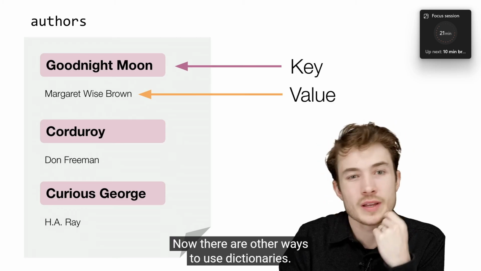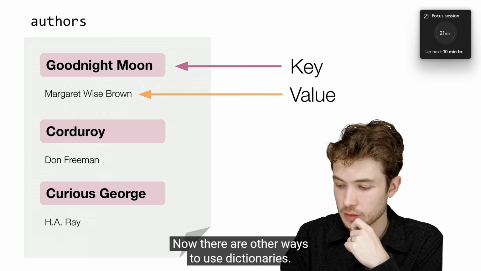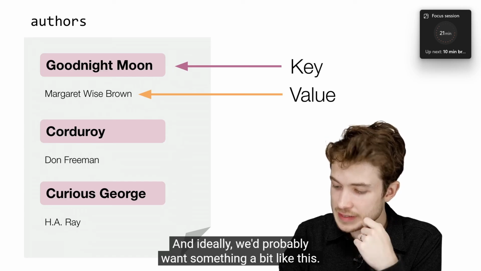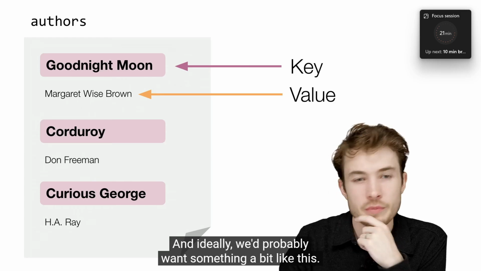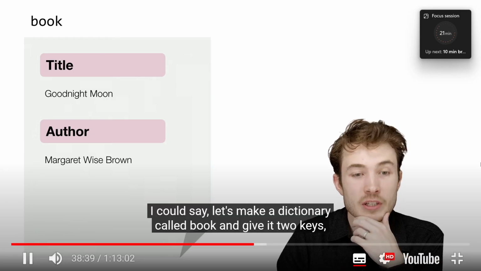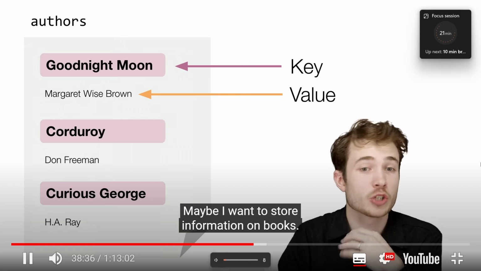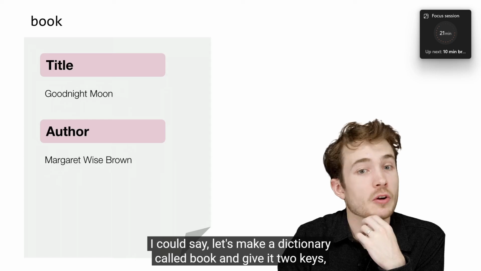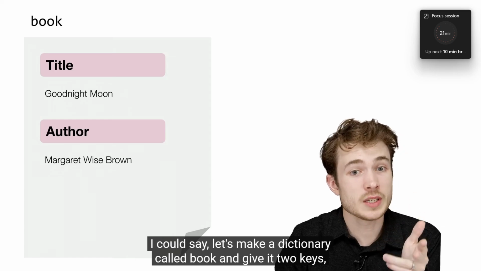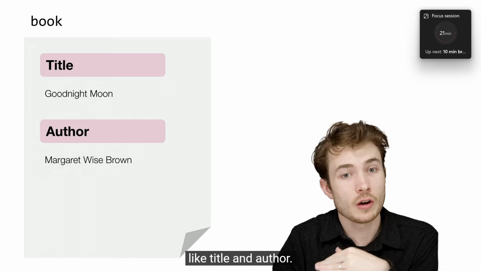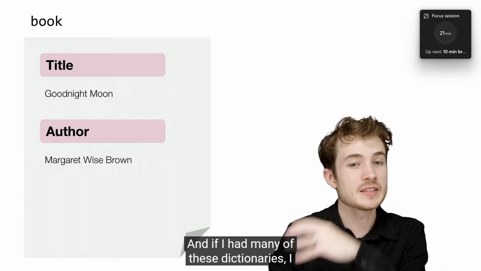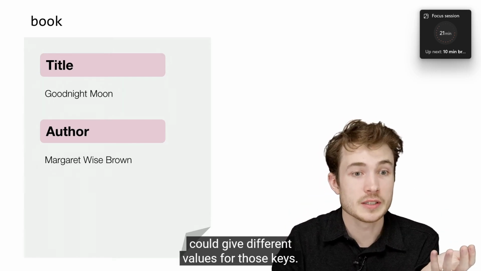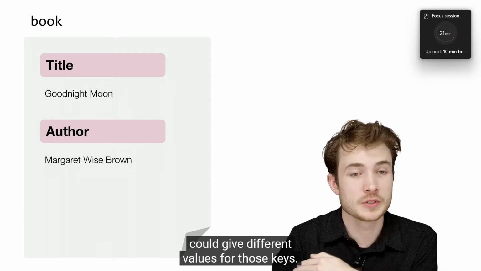Now, there are other ways to use dictionaries, and ideally, we'd probably want something a bit like this. I could say, let's make a dictionary to store information on books. Well, I could very well do that. I could say, let's make a dictionary called book and give it two keys, like title and author. And if I had many of these dictionaries, I could give different values for those keys.